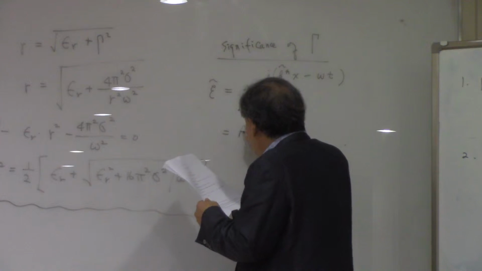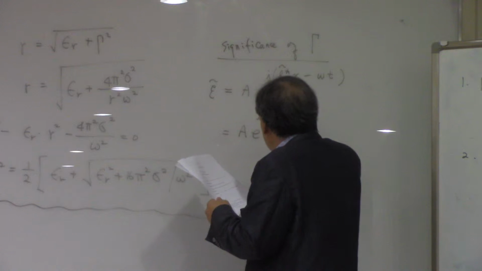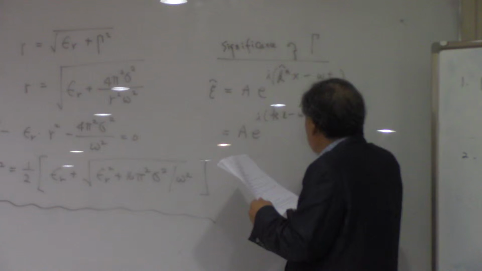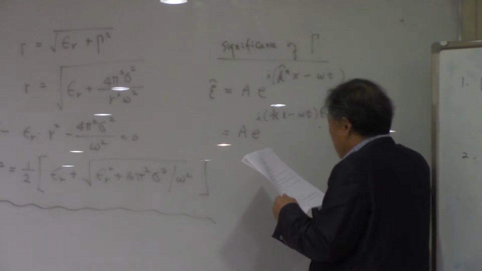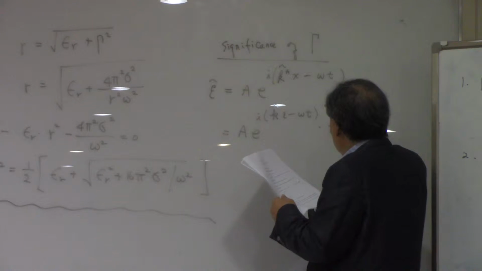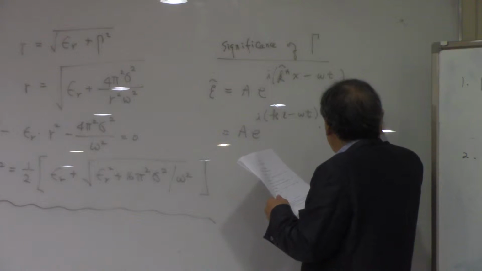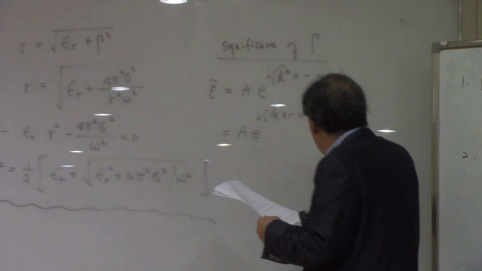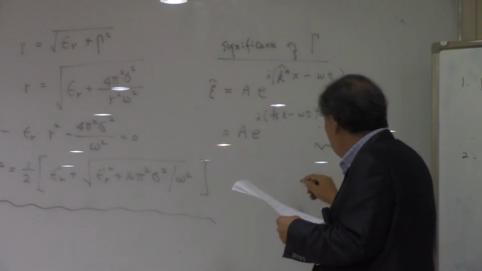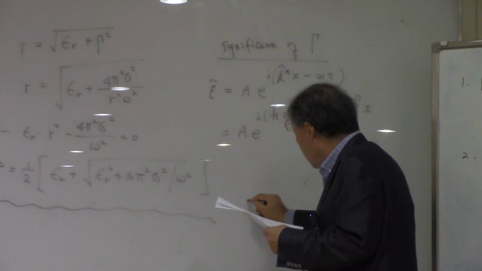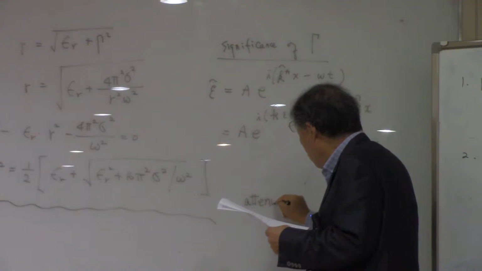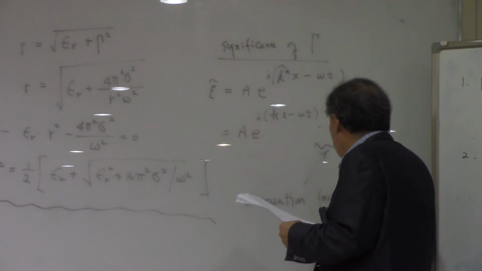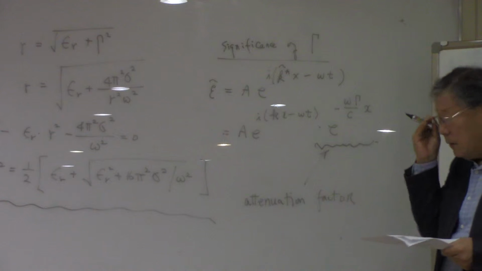And then they can be separated into the real value and the imaginary values, minus c omega gamma x, just like that. So this thing is going to be called damping, in other words the attenuation factor of these wave equations, right?